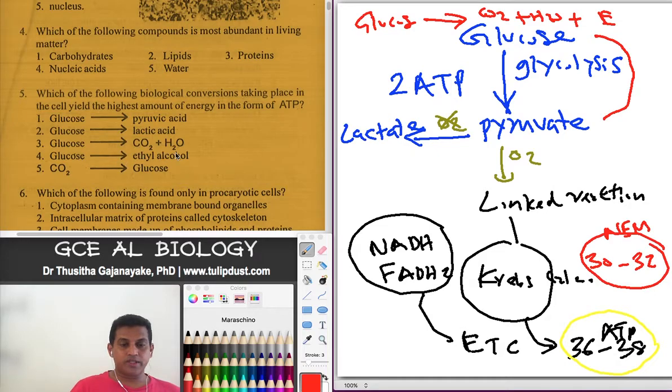Glucose to ethyl alcohol happens in yeast and some microorganisms. Pyruvate goes through anaerobic respiration to make alcohol and carbon dioxide. That's also 2 ATP produced.